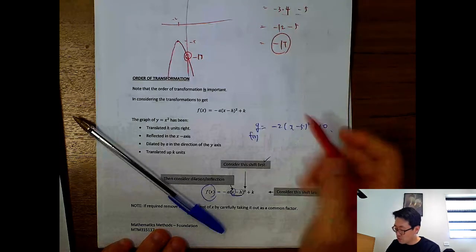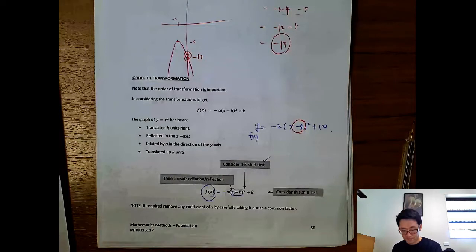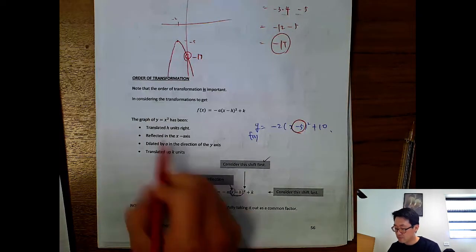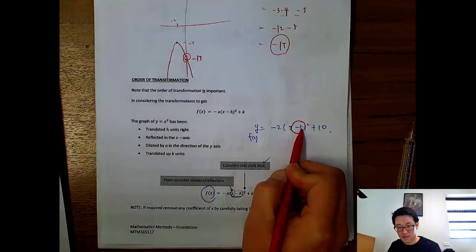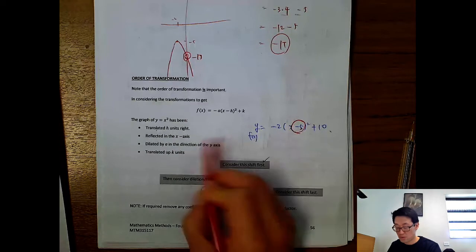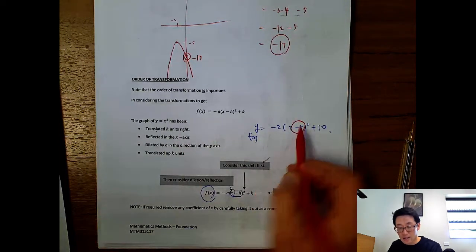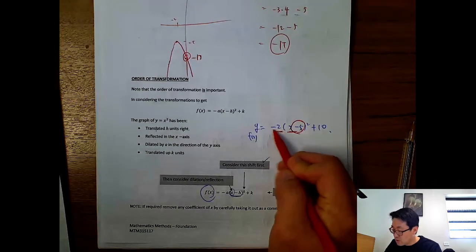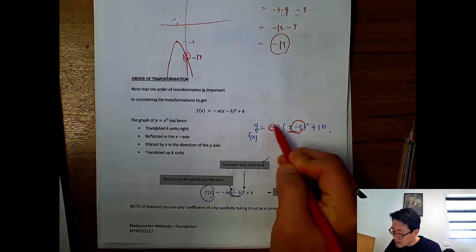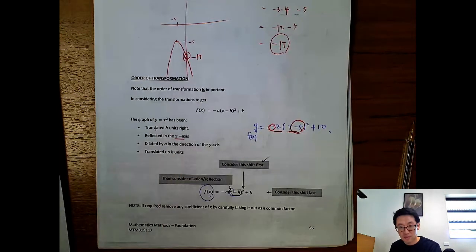So first your move is this. So translated 5 units right. Okay, that's one of the ways you can express that. Yep. And then start from x, and then we complete this. Reflect it, yes, negative there, so reflect it in the x-axis, good.